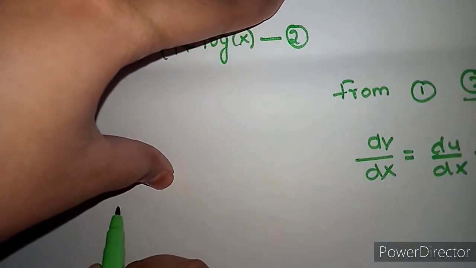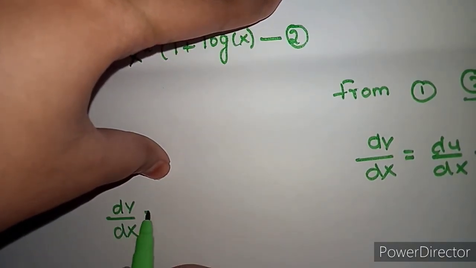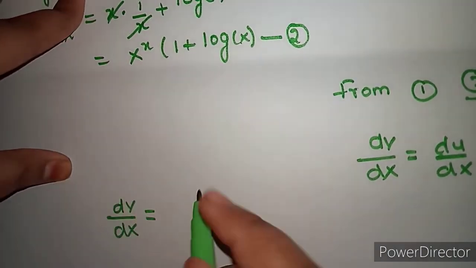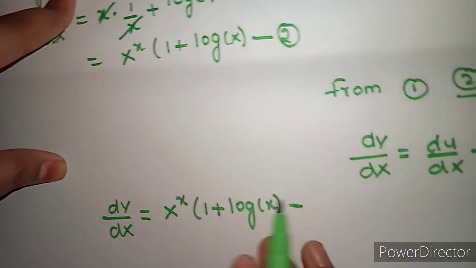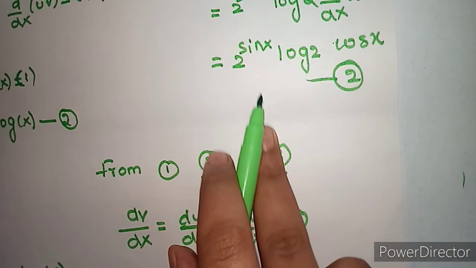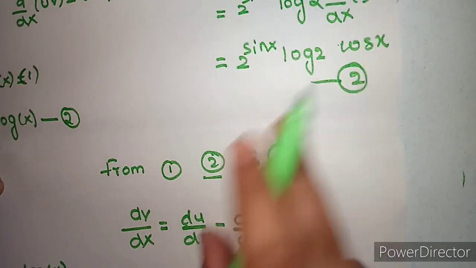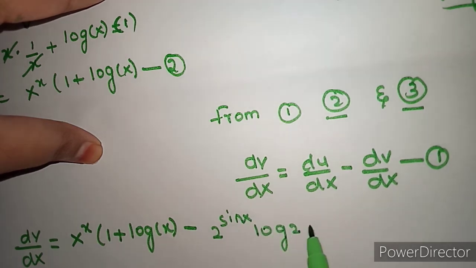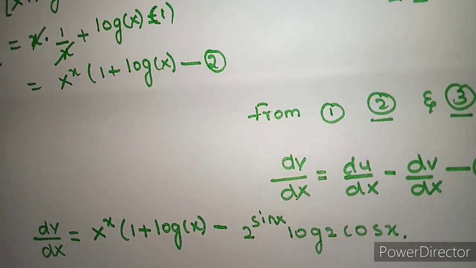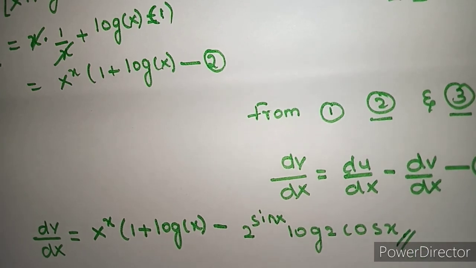So dy by dx is, I got du by dx as x power x into 1 plus log x, minus dv by dx, 2 power sin x log 2 cos x, right? This is your final required answer. Now we got dy by dx. Very important question.